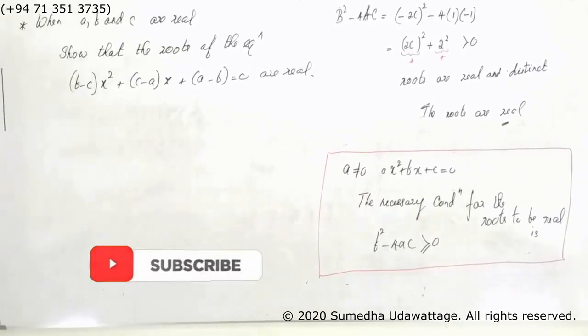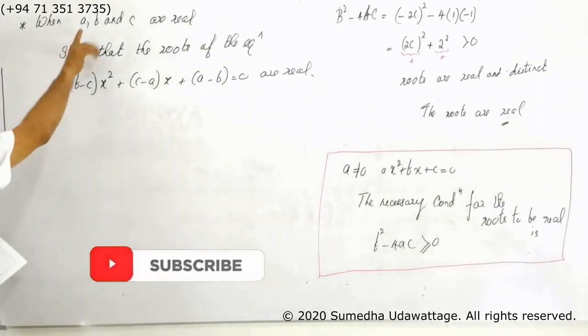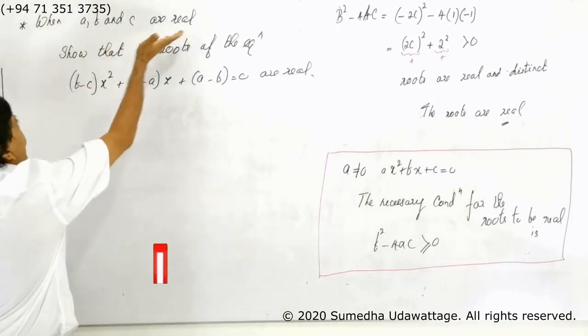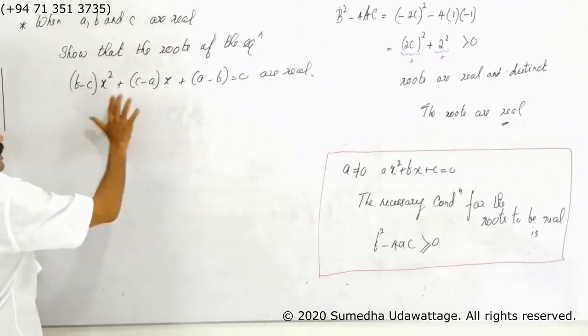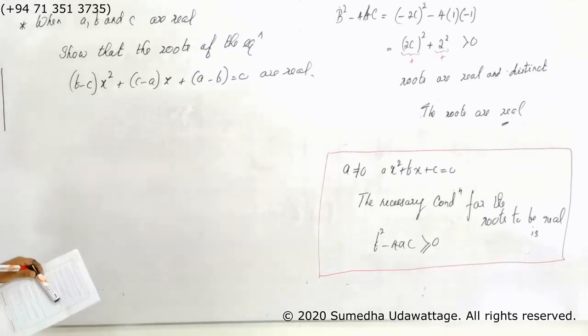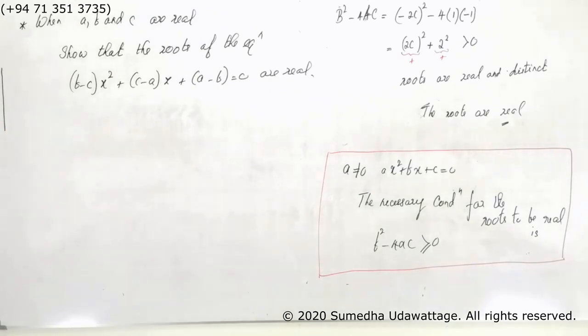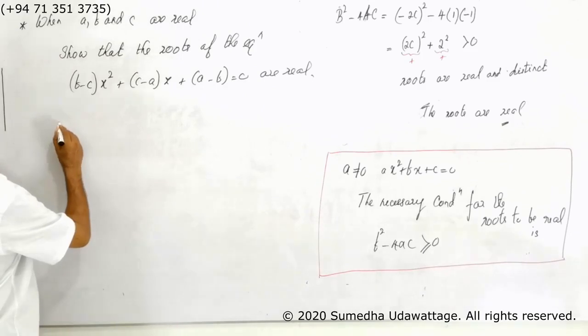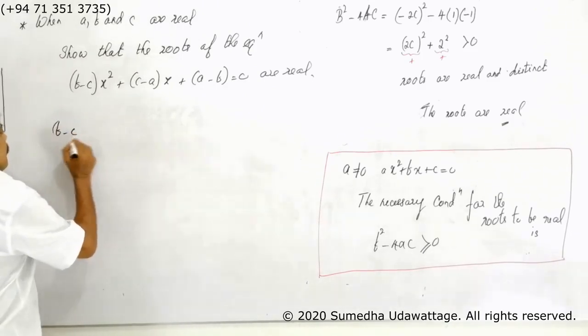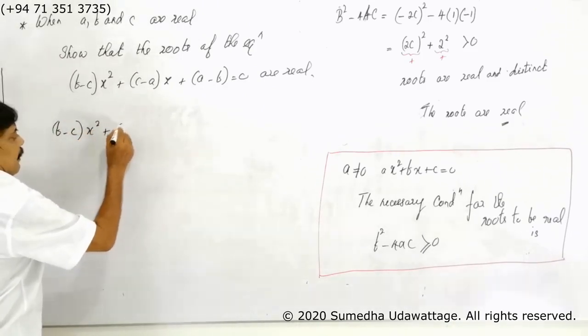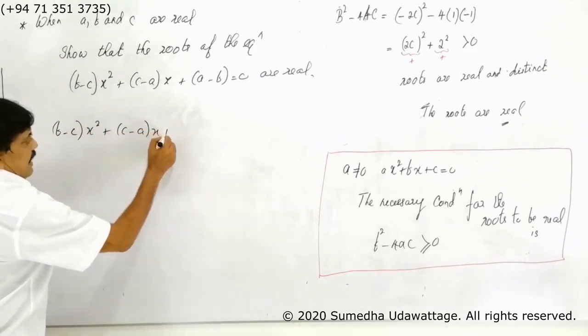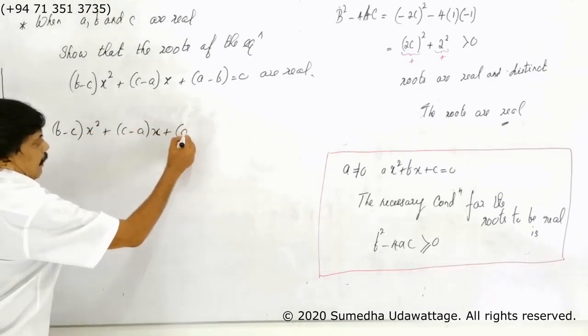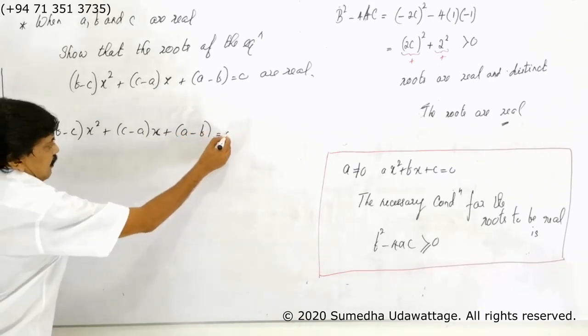And the next question to be handled is, when a, b, c are real, show that the roots of this equation are real. We'll try to consider this equation. Look here, it is b minus c times x square, plus c minus a times x, plus a minus b is equal to 0.